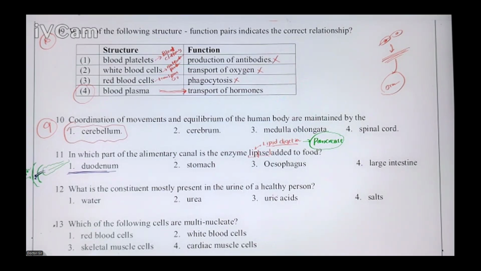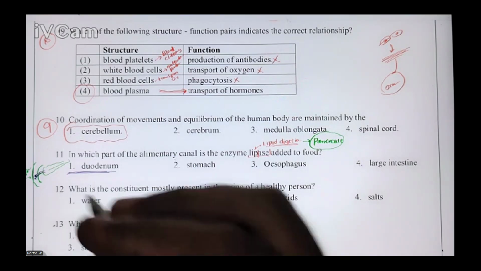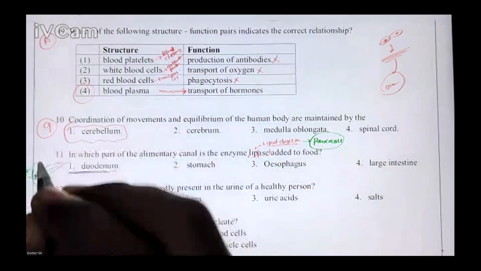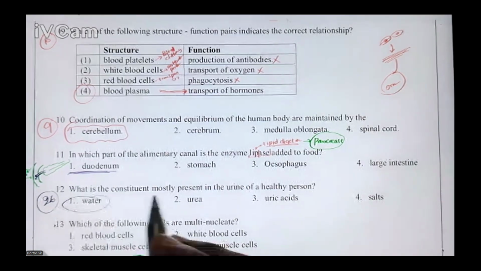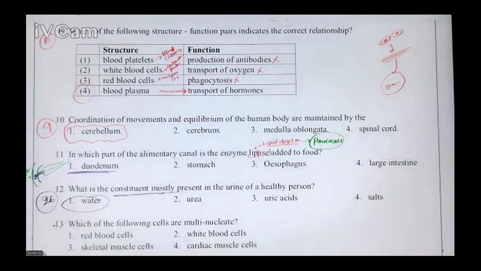This is question 26. I couldn't find the previous question, so we will go to the next question. So water is the main constituent in healthy person's urine.